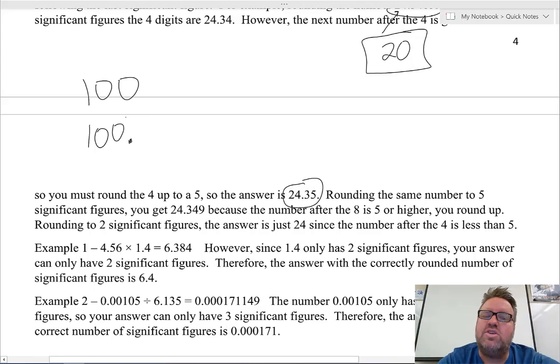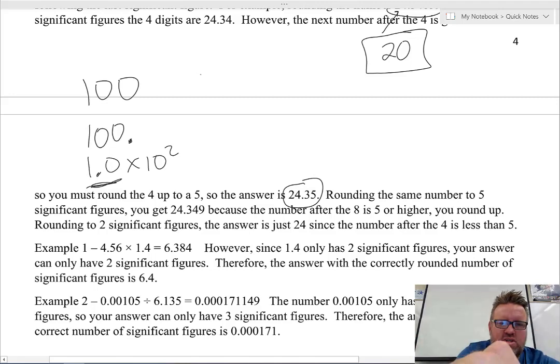You can also write 100 with 2 significant figures, and the only way you can do that is to put it into scientific notation. You can go 1.0 times 10 to the second. And see how that has 2 significant figures? That is the only way you can write the number 100 with 2 significant figures. So here it has 1, here it has 3, and here it has 2.